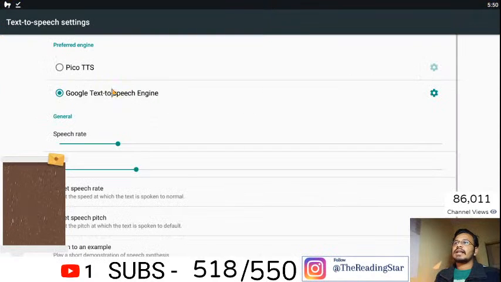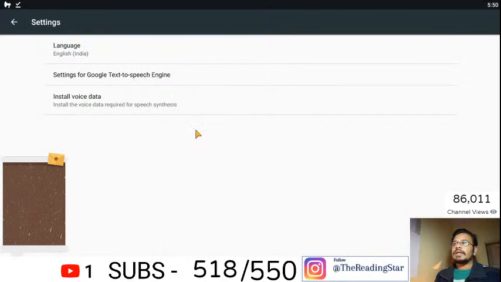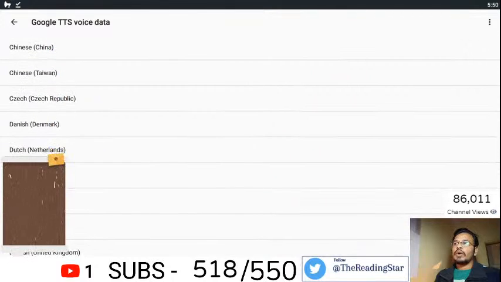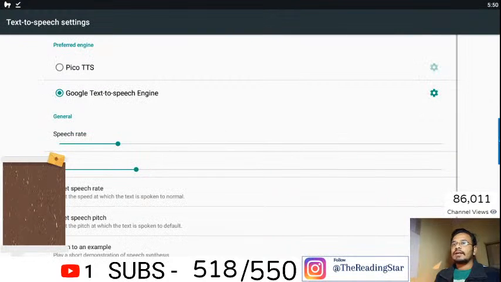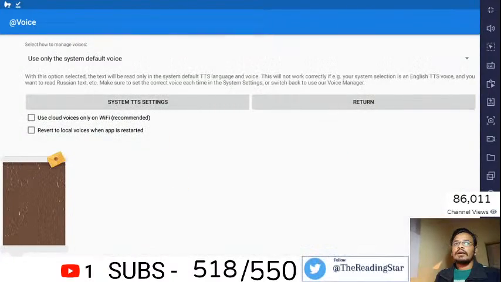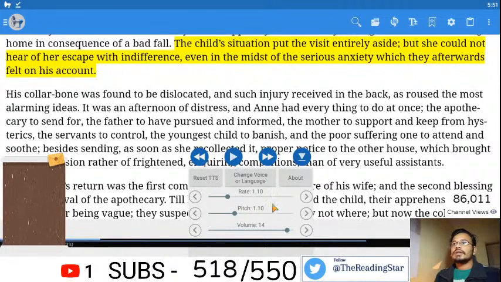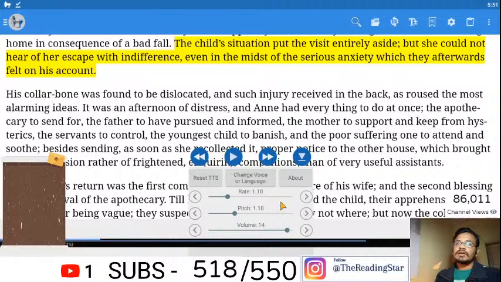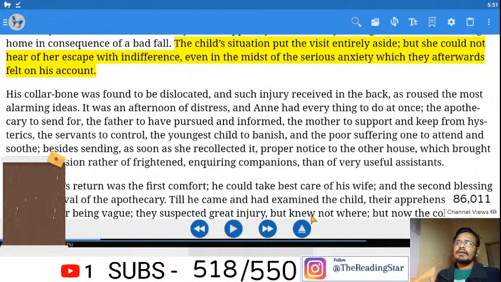My system is that I use Google text to speech, and in that I am using an Indian voice, Indian voice number one, that works best for me. And the other settings are that I basically want to keep the rate at 1.10 and the pitch at 1.10 as well. On the mobile, I increase the rate because I have been doing it for a very long time, so I increase it there, but not here.